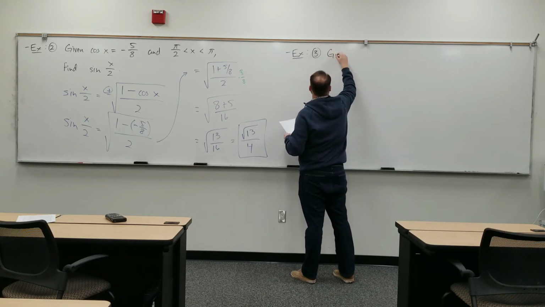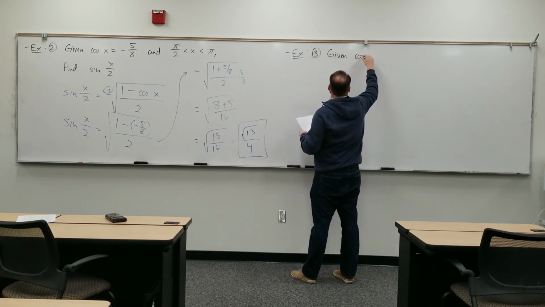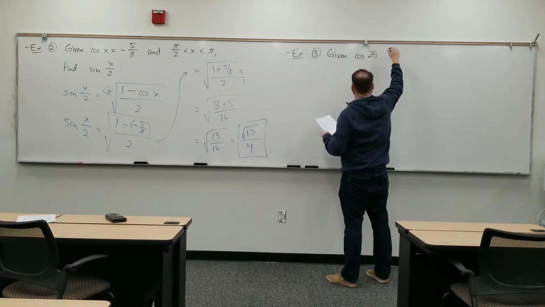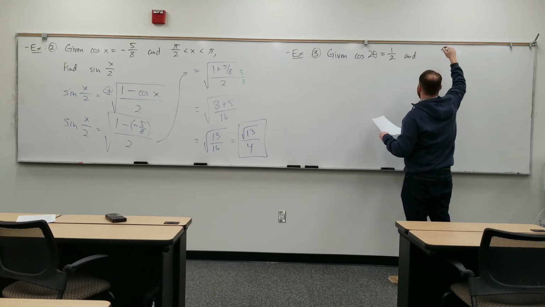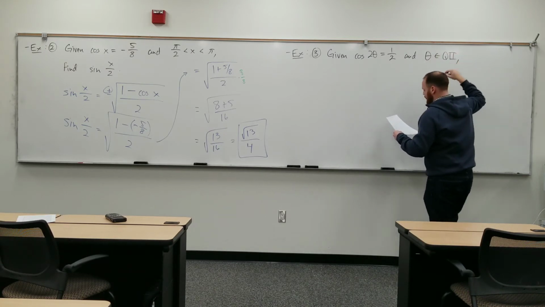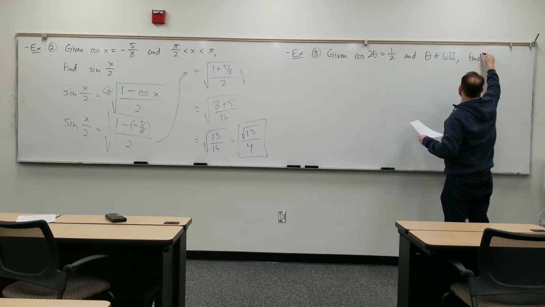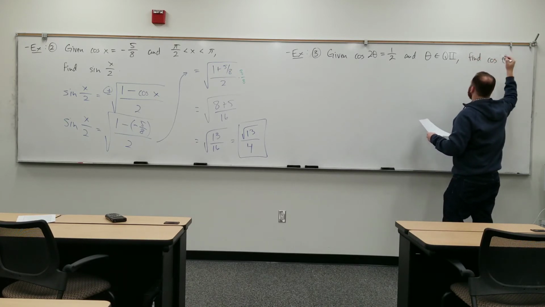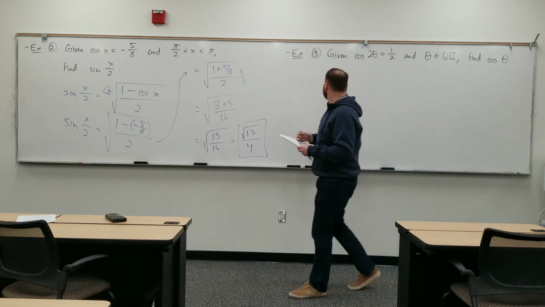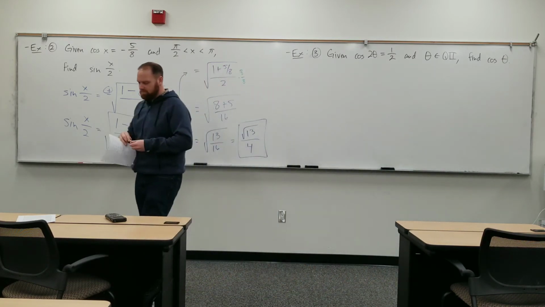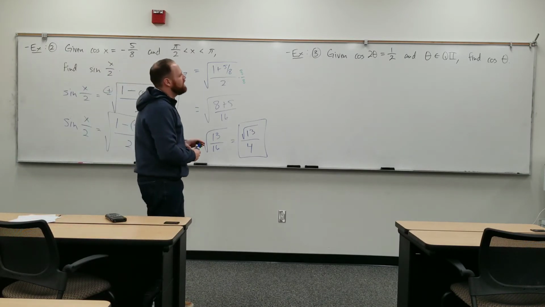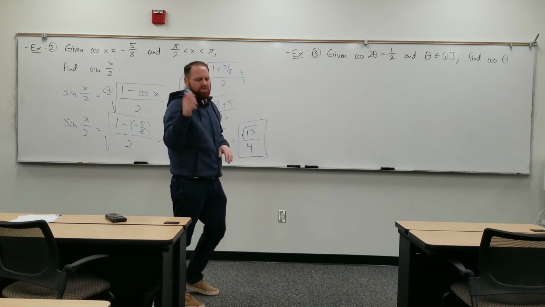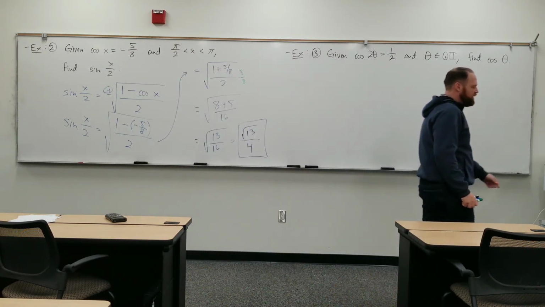Okay, given that cosine 2 theta is 1/2 and that theta is in quadrant 2, find cosine theta. Give the video a pause and see if you can work this one out on your own.